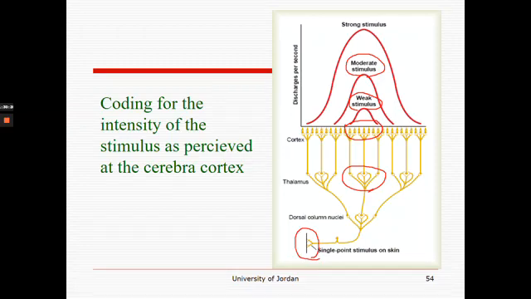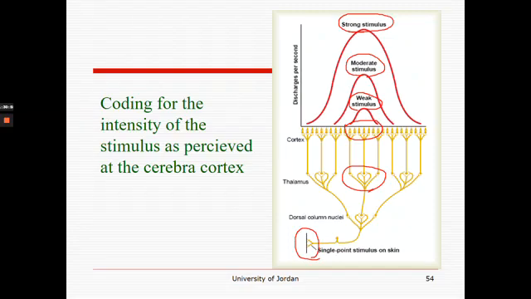If it is very strong, it is going to stimulate an even larger number of cortical cells, and it is interpreted as a very strong stimulus. So coding for the intensity of the stimulus is perceived as the number of neurons that are stimulated.